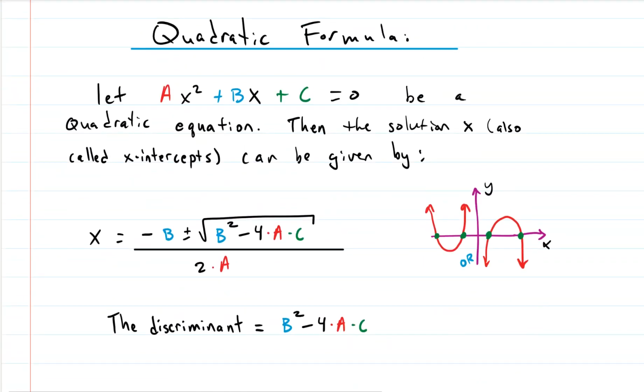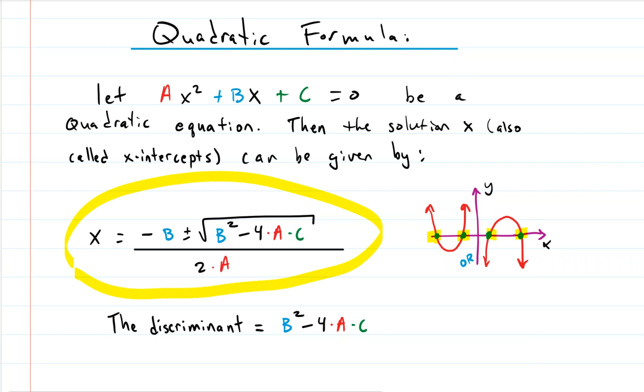Let's start. So the quadratic formula, it's probably something you're familiar with. Here's a quadratic equation or a parabola or a second-degree polynomial. The quadratic formula is a quick way to find these, the x-intercepts. So the formula is right here in yellow.